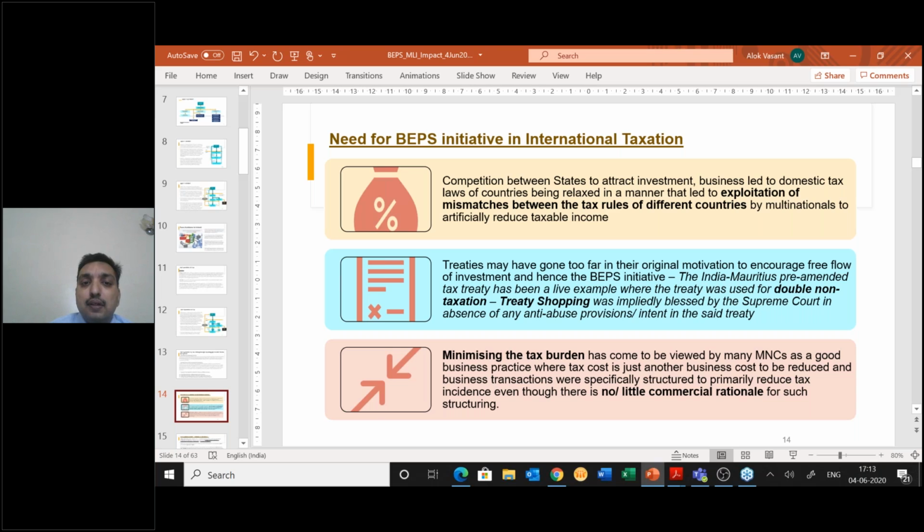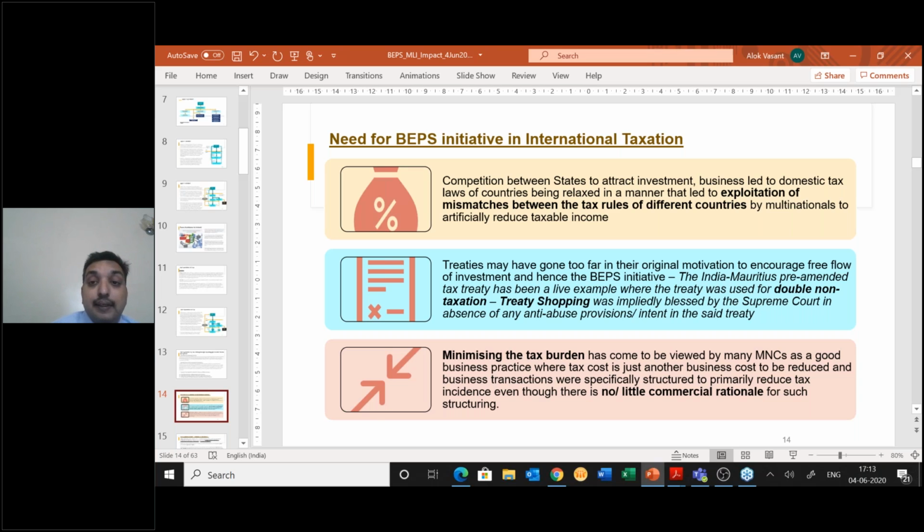There was also an increasing feeling that the treaties were being abused by multinational enterprises. It was felt that the treaties may have gone too far in their original motivation to encourage free flow of investment.